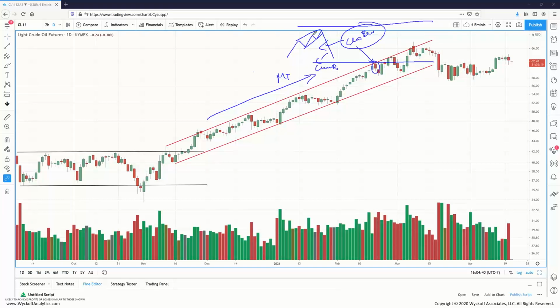And we said that on the way up in this distributional formation, we're going to have 3 pushes up with shortening of the thrust and deterioration. And here it is, 1, 2, 3. So here is where they are distributing on the way up. So this is a contrarian distribution.